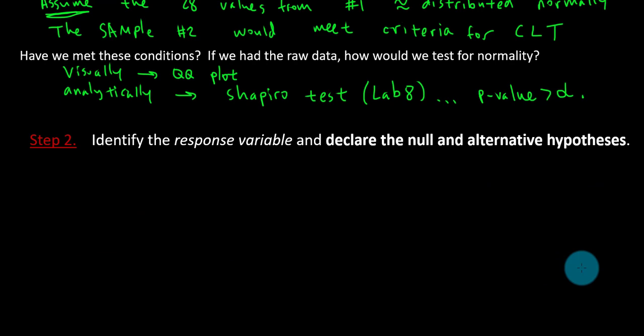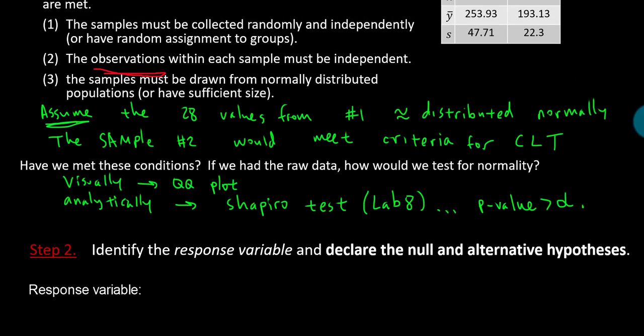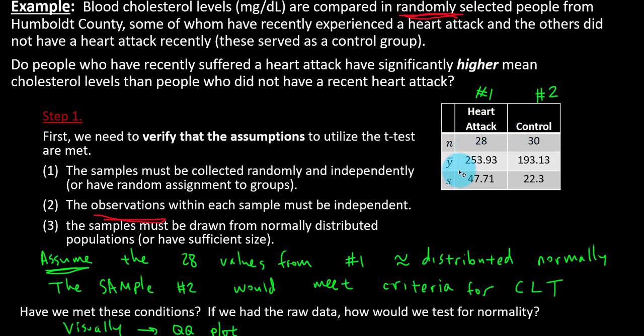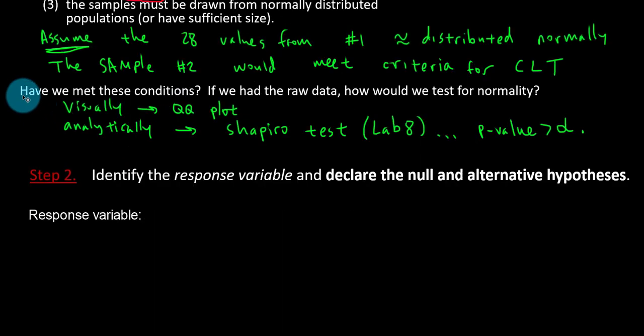declare the null and alternative hypothesis, but first, let's identify the response variable. So what is measured? What is the variable to which we will discuss when we create our conclusion? What are these values measuring? They are measuring the cholesterol levels. So that is our response variable.